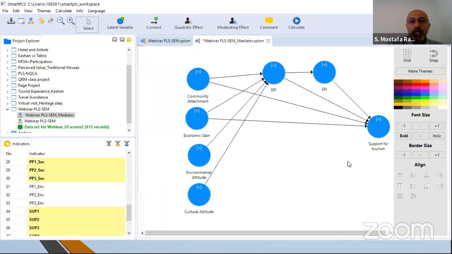Actually, I believe that the Baron and Kenny approach and its 3 steps is still valid for hypothesis development, for development of a mediation hypothesis, but not for statistical assessment of mediator.